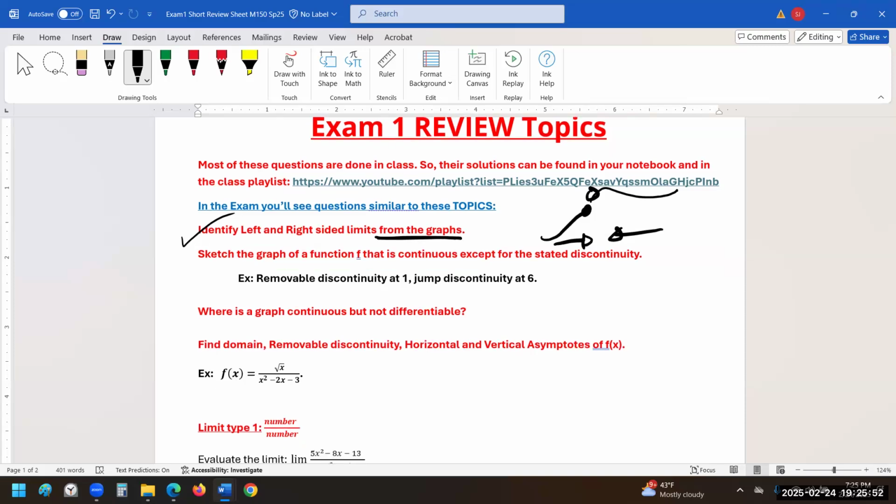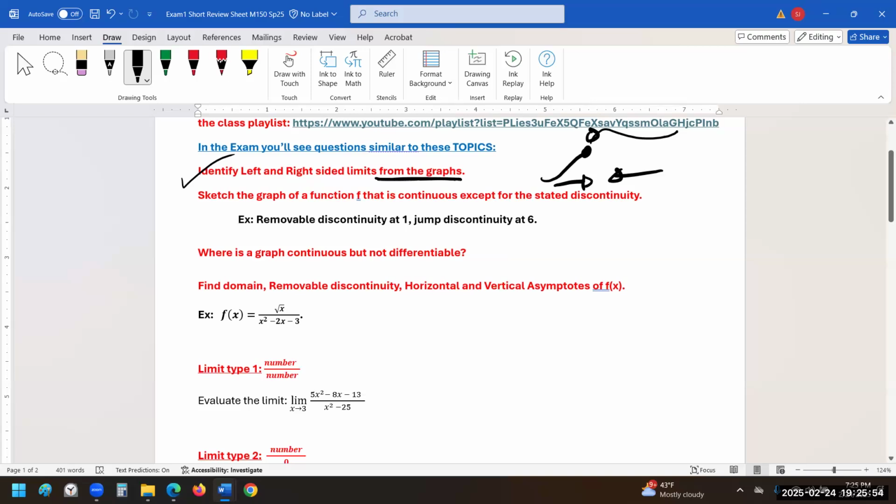Go ahead and check. The next one, sketch a graph with this type of information. For example, removable discontinuity at 1. Removable discontinuity gives us what? A jump, a hole, a vertical asymptote. Which one? A hole. So you're going to draw a function where when x is 1, you have a hole, and then jump discontinuity at 6.